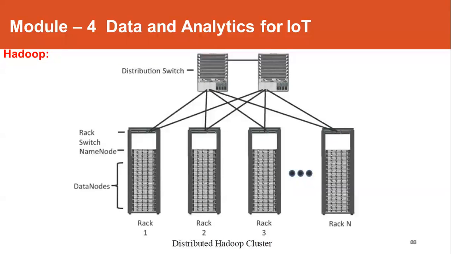So all interactions with HDFS are coordinated through the name node. So you can observe in this diagram, there is a name node as well as the data node on each rack.